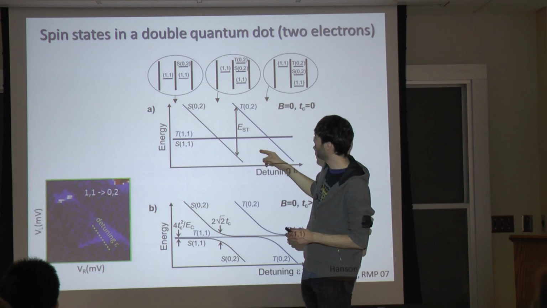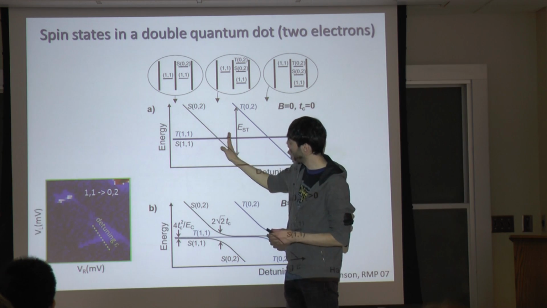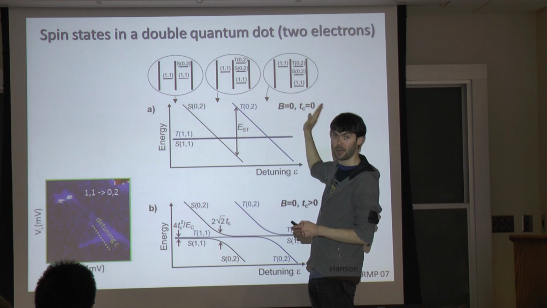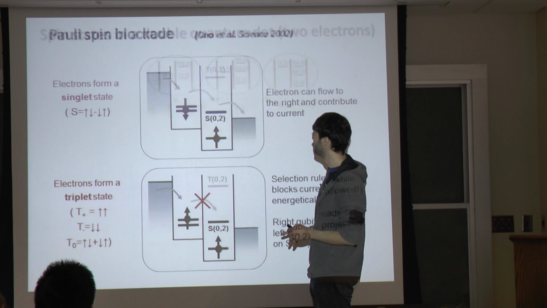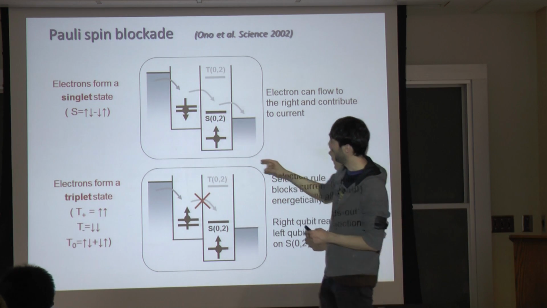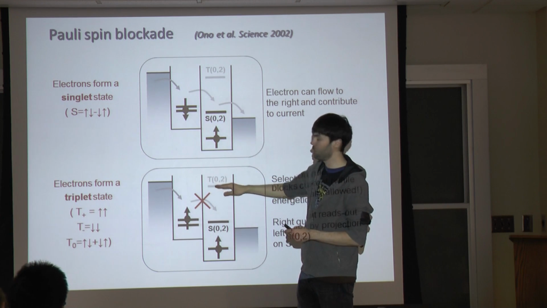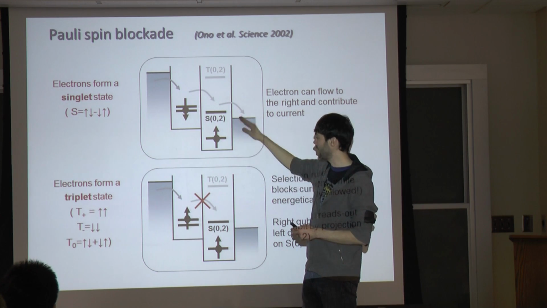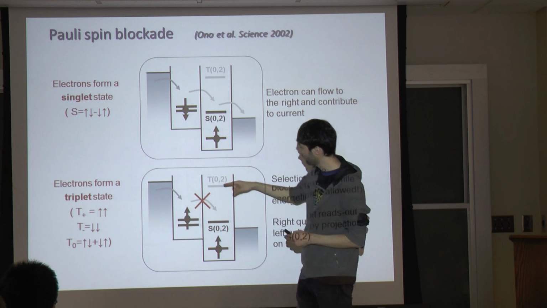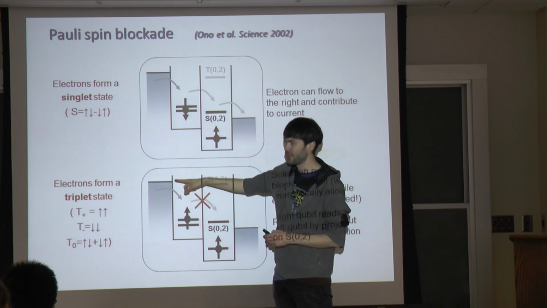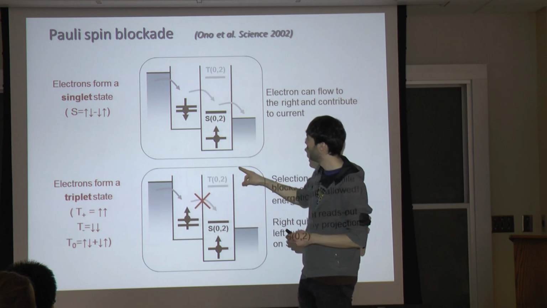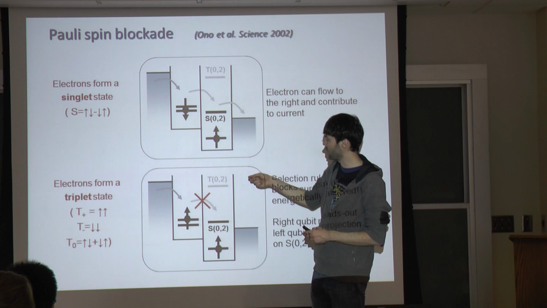So we will be biased around here, and this state will be far higher in bias, unreachable. So we'll be looking at a regime where this triplet O2 is too high, not accessible. Actually, the way it's drawn right now it is accessible, but oh no, it's not, sorry, because this one is lower. So the transport cycle is as follows.